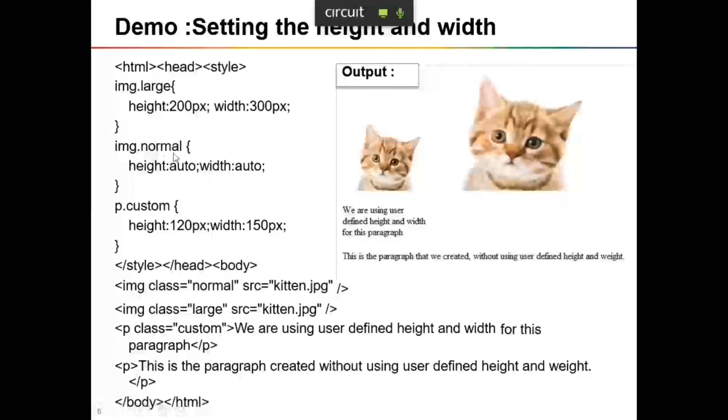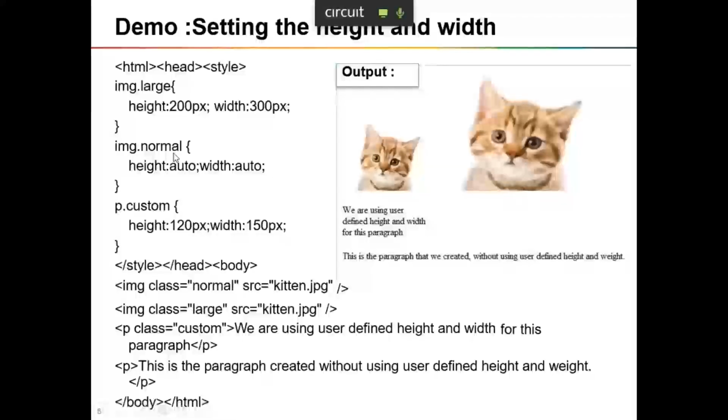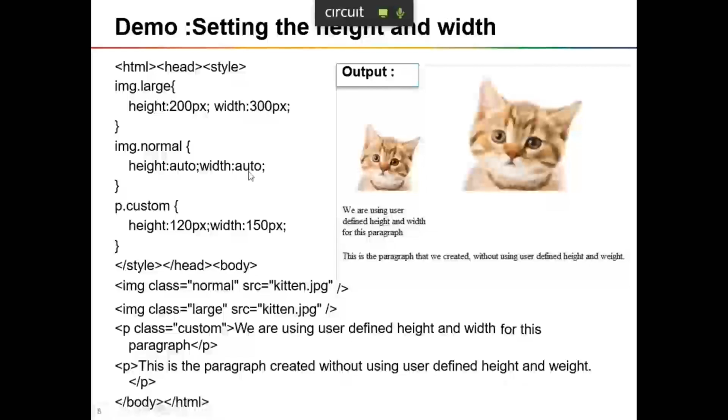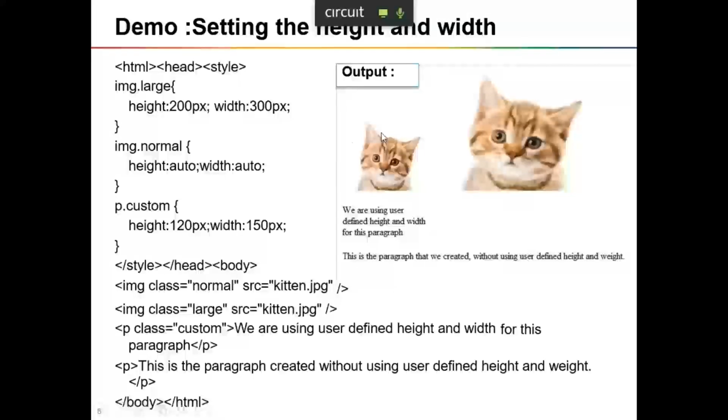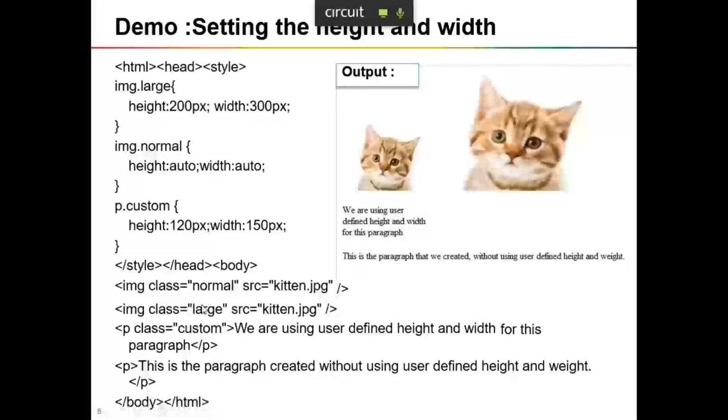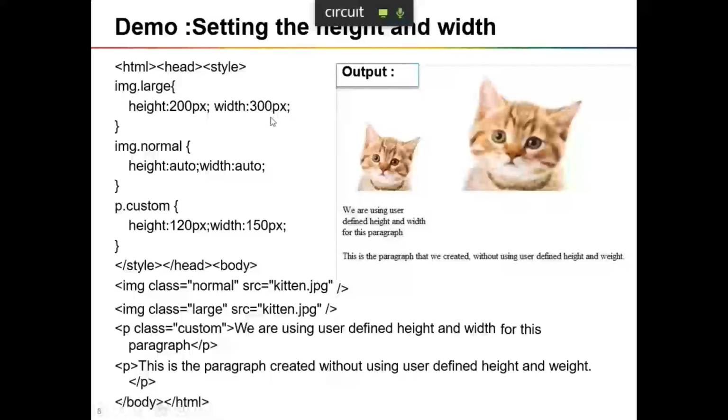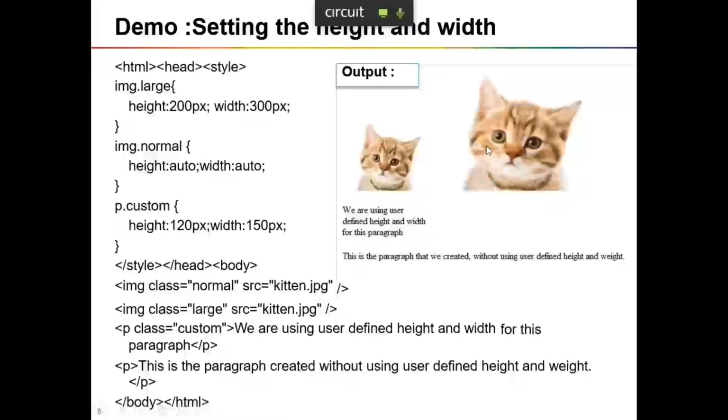So img.normal, what are you going to define? Height is auto, width is auto. Now CSS large, img.large: height is 200 pixels, width is 300 pixels. So it will come like this, right?